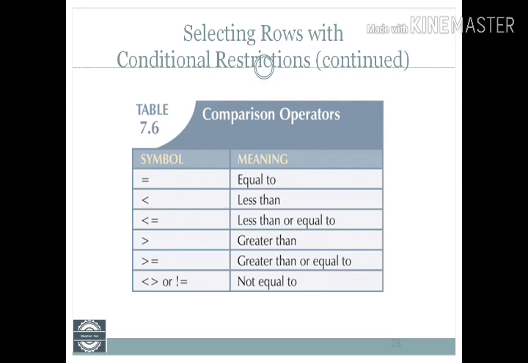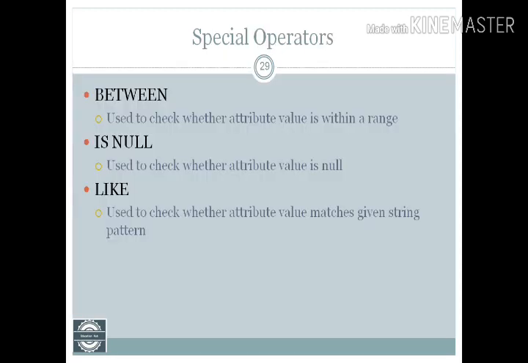Now here a list of comparison operators is given. For selection purposes you can use them: equal to, less than or equal to, greater than or equal to, not equal to, etc.